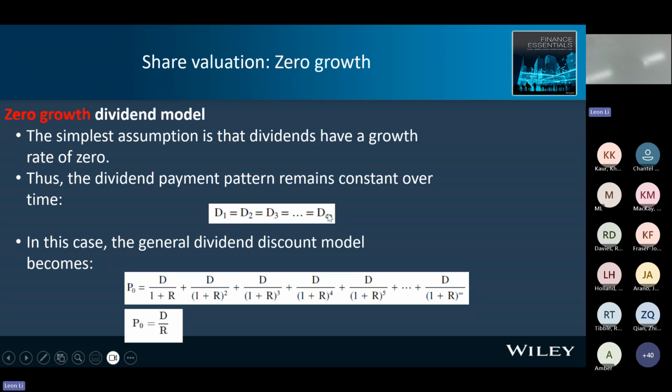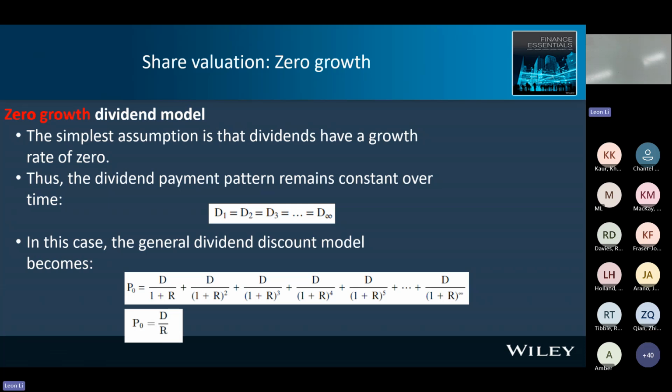In this case, our general dividend discount model becomes a perpetuity. And this is our result: share price today is dividend divided by R, the required return. So this is the first special case, zero growth.